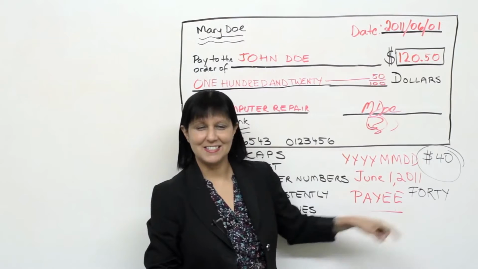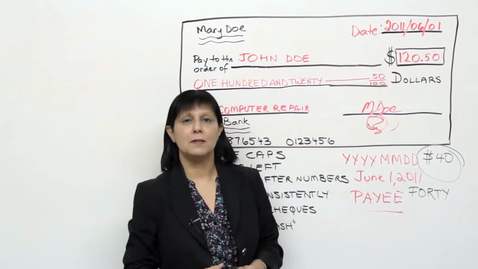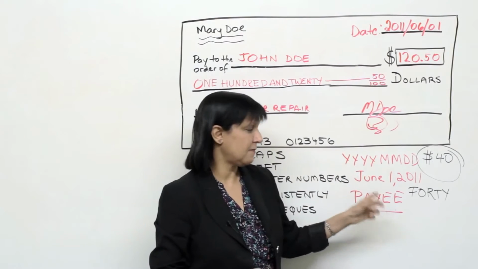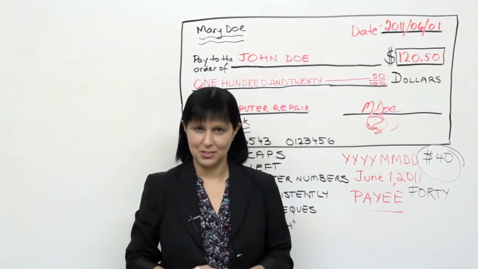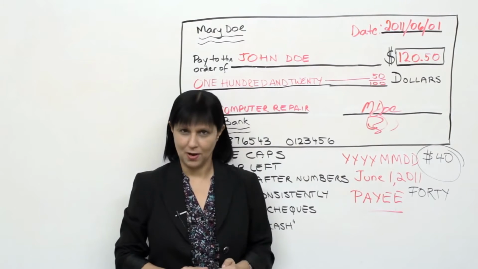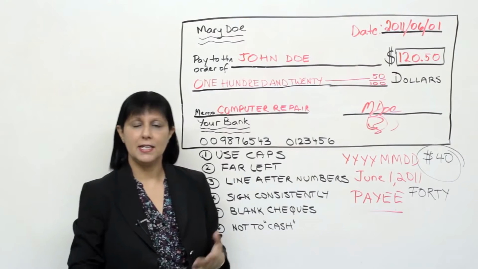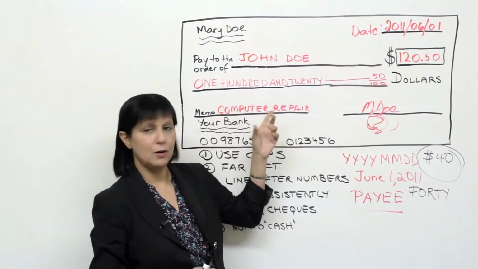Okay, this is the correct spelling of the number 40. Many people misspell it by writing out F-O-U-R. So make sure you don't do that. The number 40 is F-O-R-T-Y.